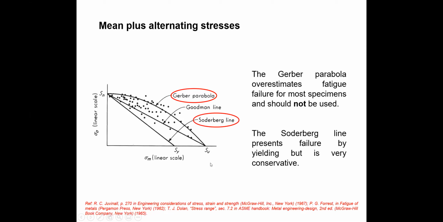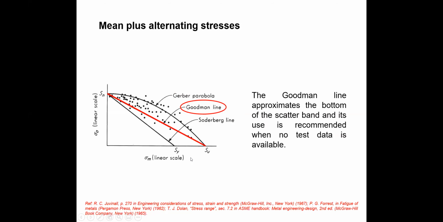Soderbergh is also very conservative. Okay, so the Goodman line, named after the person who found this technique, is a very good method. You can see the data is not perfectly symmetrically distributed around that point, but it is fairly close to symmetric and explains the failure mechanism.